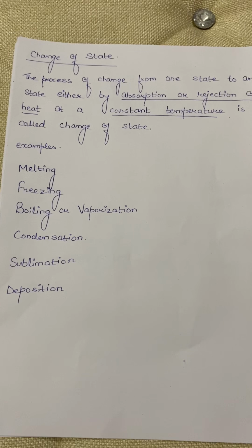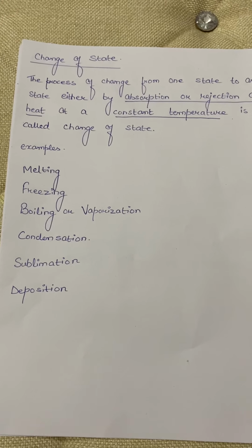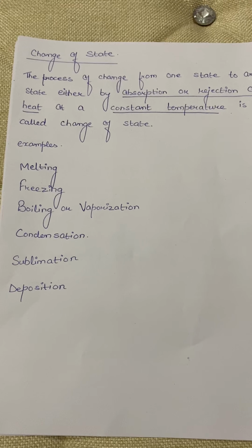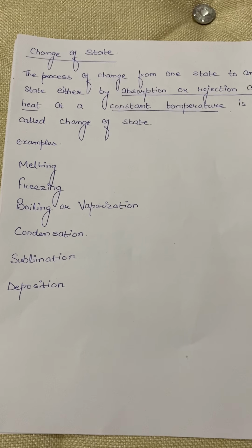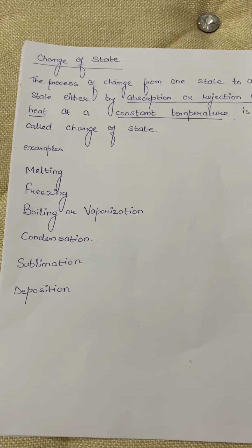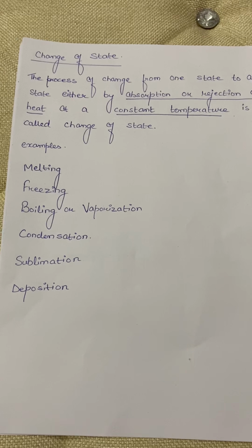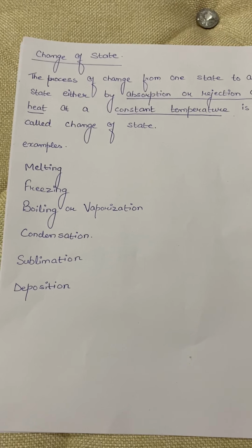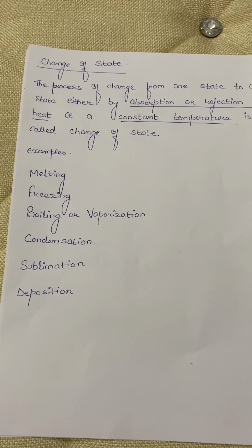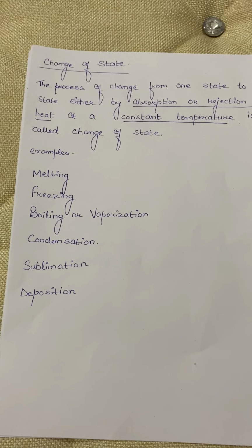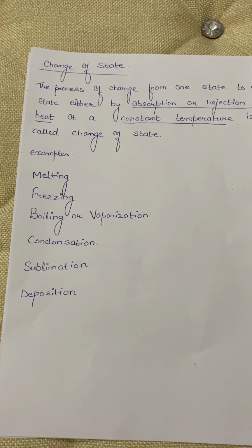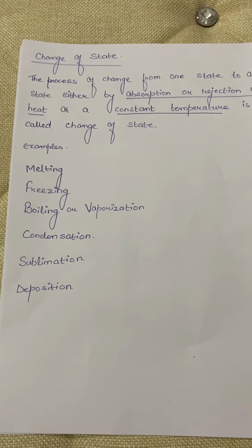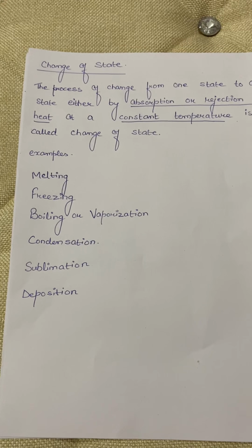In that case, a solid on heating directly changes into its vapor or gaseous state without changing into the liquid. This process is known as sublimation. And the reverse, that is, the gas on being cooled directly changes into the solid state, this process will be called a deposition process. So these are some of the changes in the state that take place when the temperature is changed.